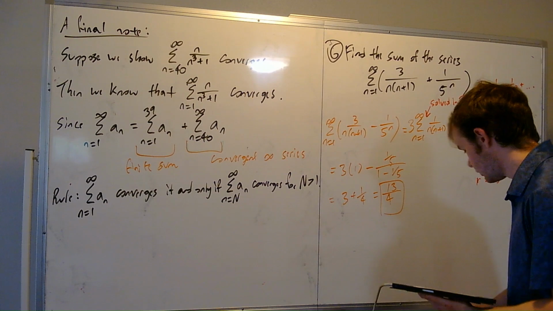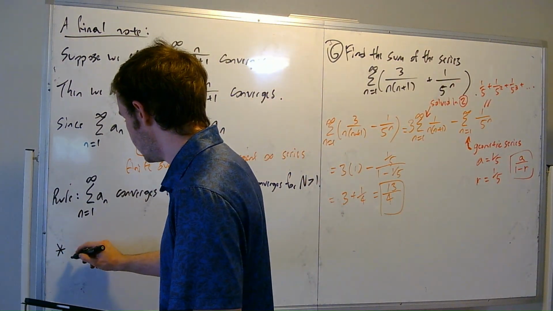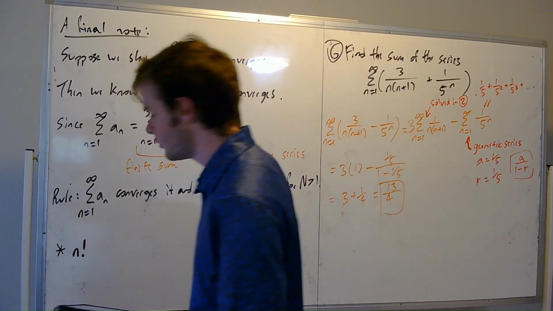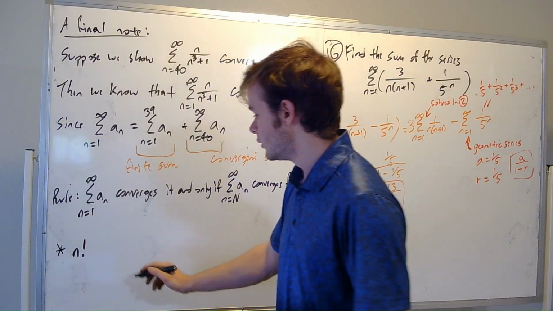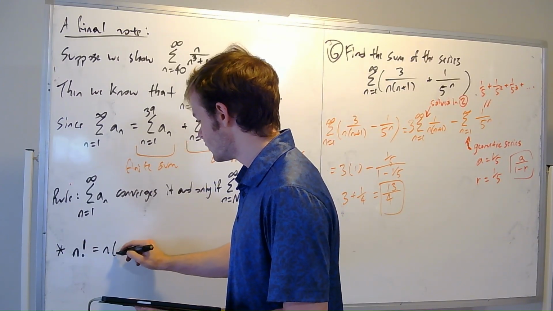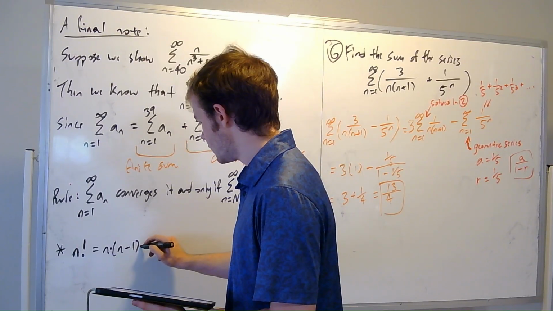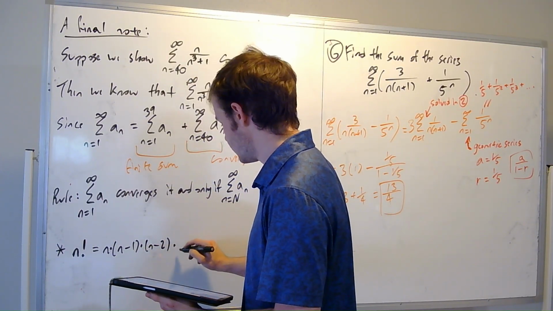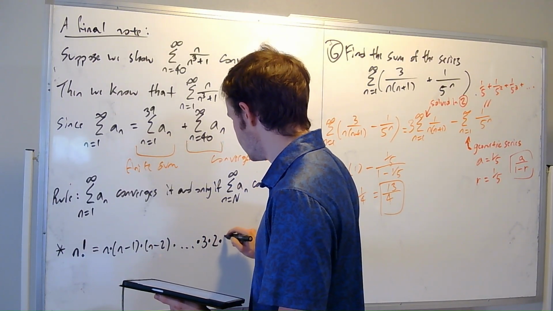And just as one final note, you might encounter this in the homework. If you have something that looks like n with an exclamation mark next to it in the homework, then this actually means n factorial, which is the same thing as saying n times n minus 1 times n minus 2 times dot dot dot times 3 times 2 times 1.